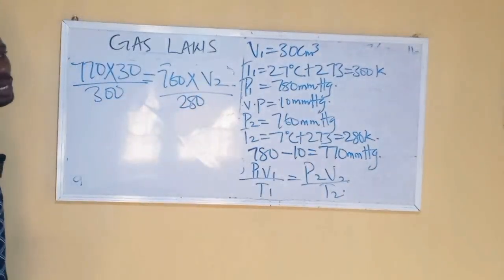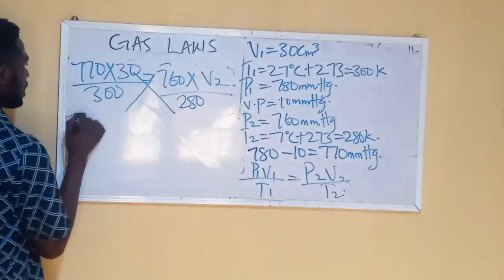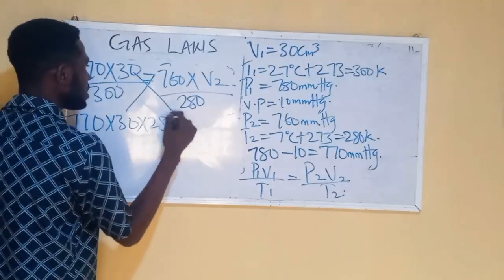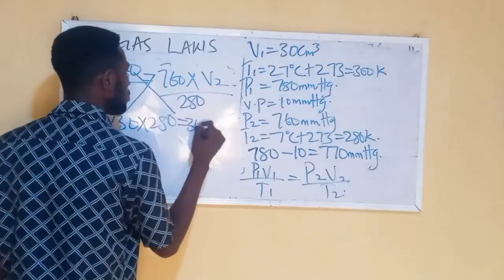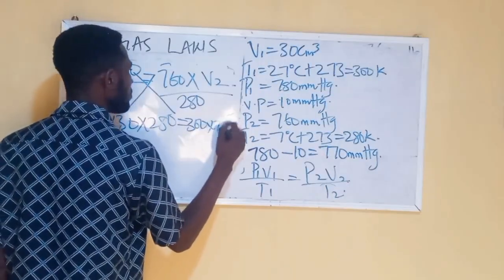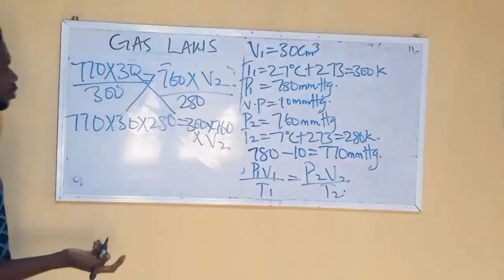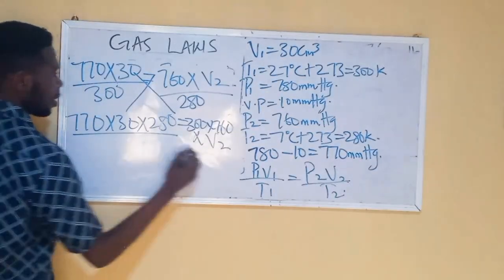So when we have this, we can now cross multiply, and when you carry out your cross multiplication, you have 770 times 30 times 280 is equal to, when you cross this again, 300 times 760 times V2. So we can now carry out further divisions.